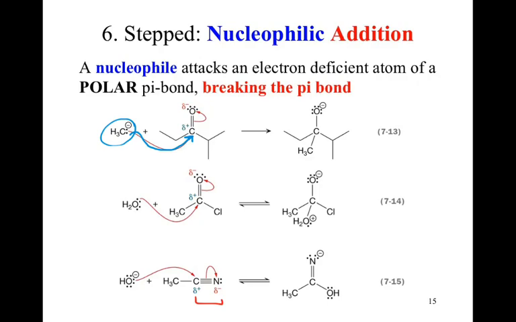We know it's electron deficient because if we look at the least worst resonance structure, the carbon is positive and our oxygen is negative. So resonance can help us predict what's happening with our nucleophilic additions.